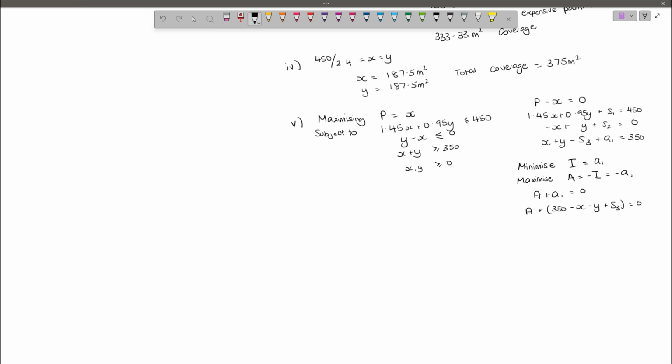And we want any constants by themselves on the other side. So we're going to get A subtract x subtract y plus s3 is equal to negative 350.